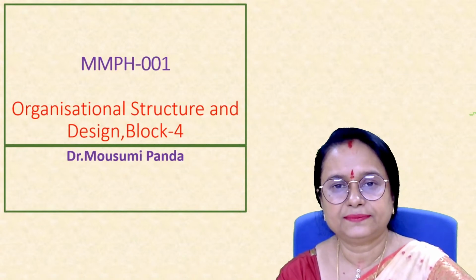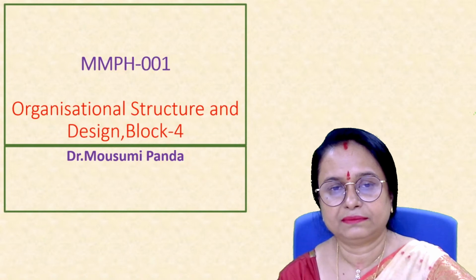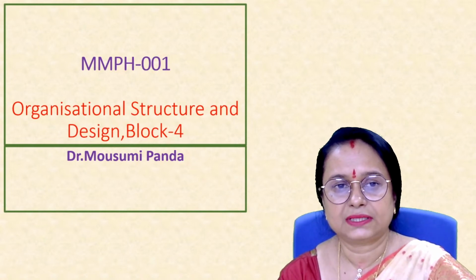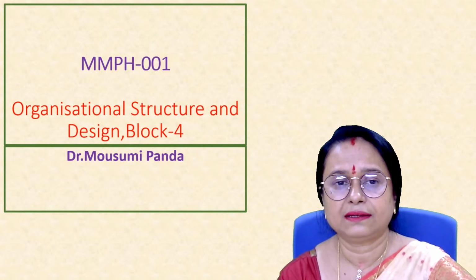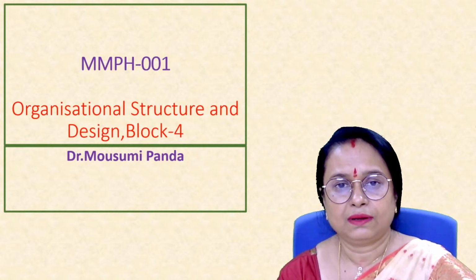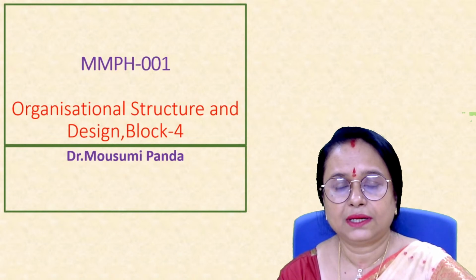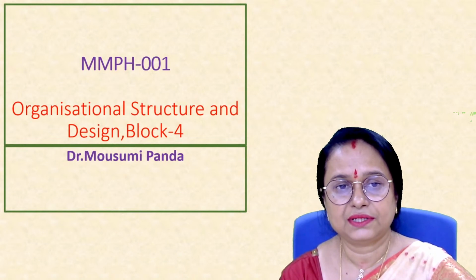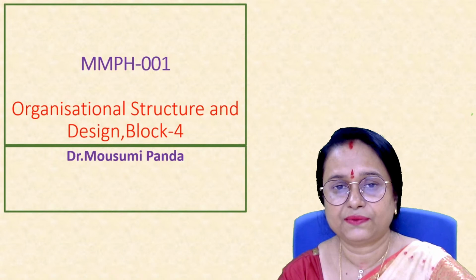So as far as we have come, with a lot of discussion on organization structure, culture, and design, by this time we all understand that organization design is everything for an organization.